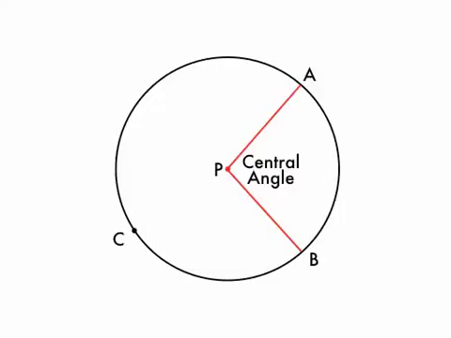Inside of my central angle APB, I would have this arc, which would be all the points on the circle between point A and point B on the interior of angle P. This would be considered a minor arc because angle APB is less than 180 degrees.